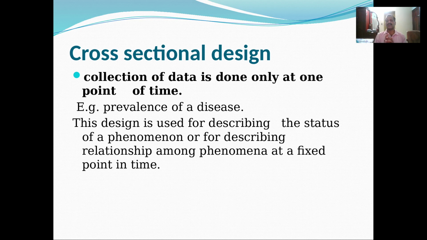For example, when we say that the prevalence of COVID-19 at present is around 10,000 cases, this is the prevalence. At one point of time, what is the total number of cases? This is the prevalence. It is a cross-section study. So this design is used for describing the status of a phenomena or for describing the relationship among phenomena at a fixed point of time.